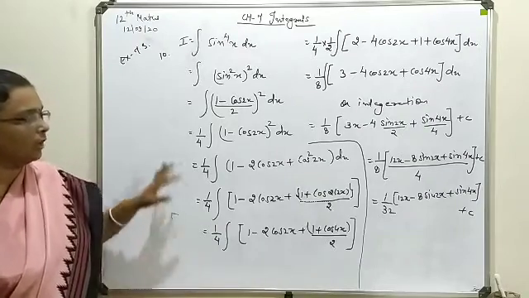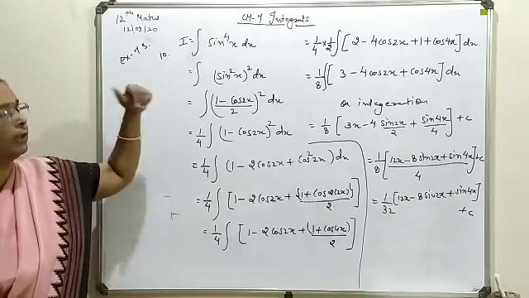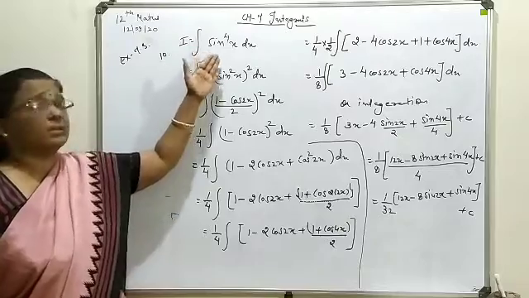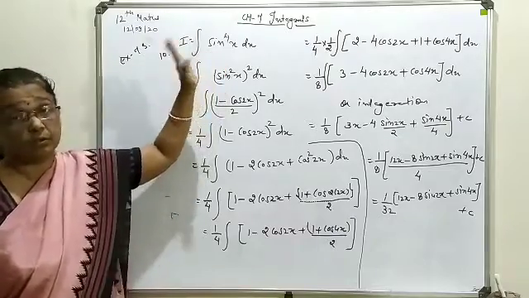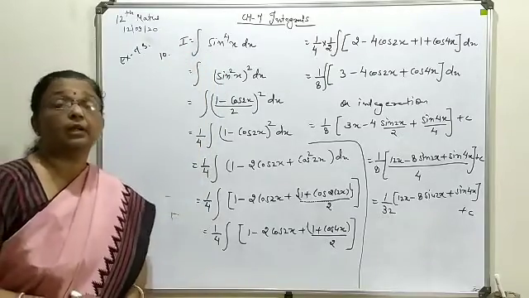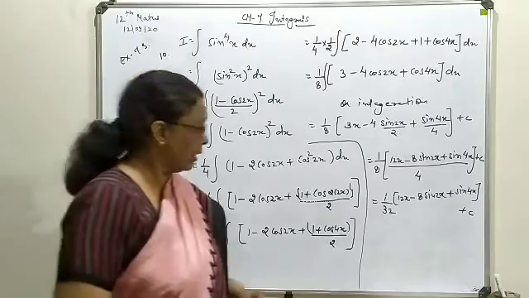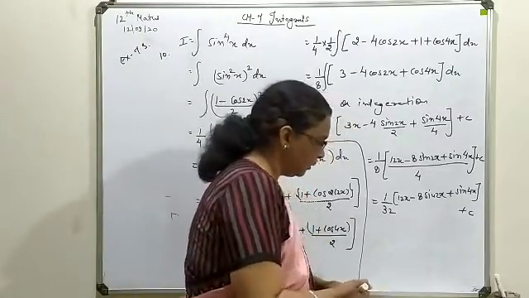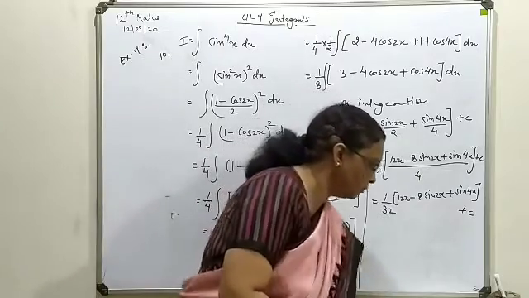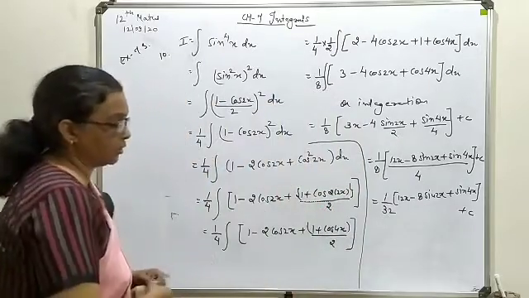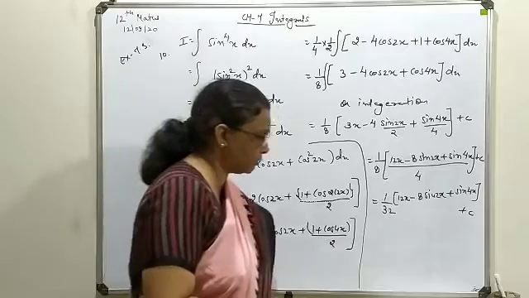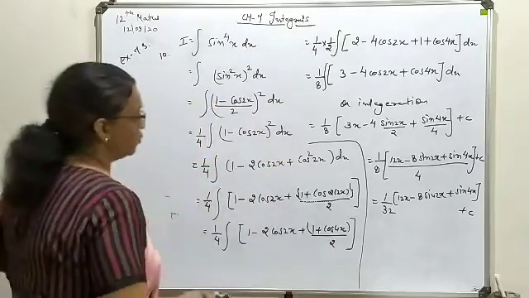So as such the question is to be handled the same way, even if sometimes you are having power 6, at that time also the same type of solution you will follow for the given combination. So this is one of the important forms for you regarding integration. Now the next we are going to attend question number 12.